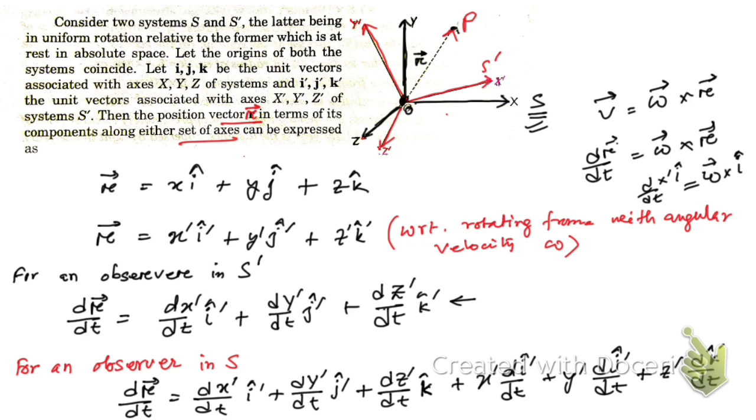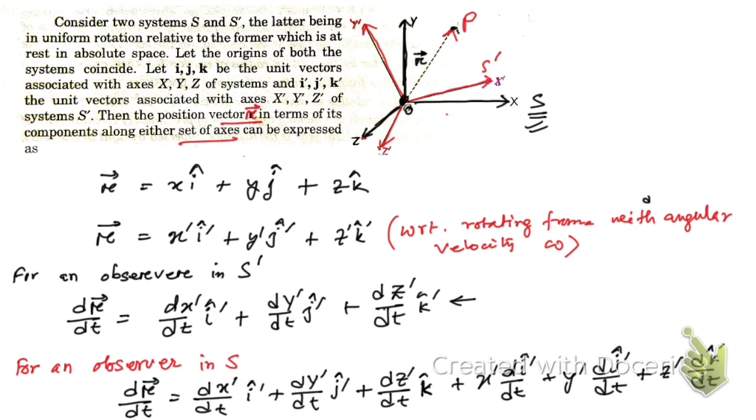So now here you see, this rotating frame, the angular velocity of the rotating frame is omega. So that's why we can write, let me write on the other side, that the time derivative of i dash cap is going to be equal to omega cross i cap.